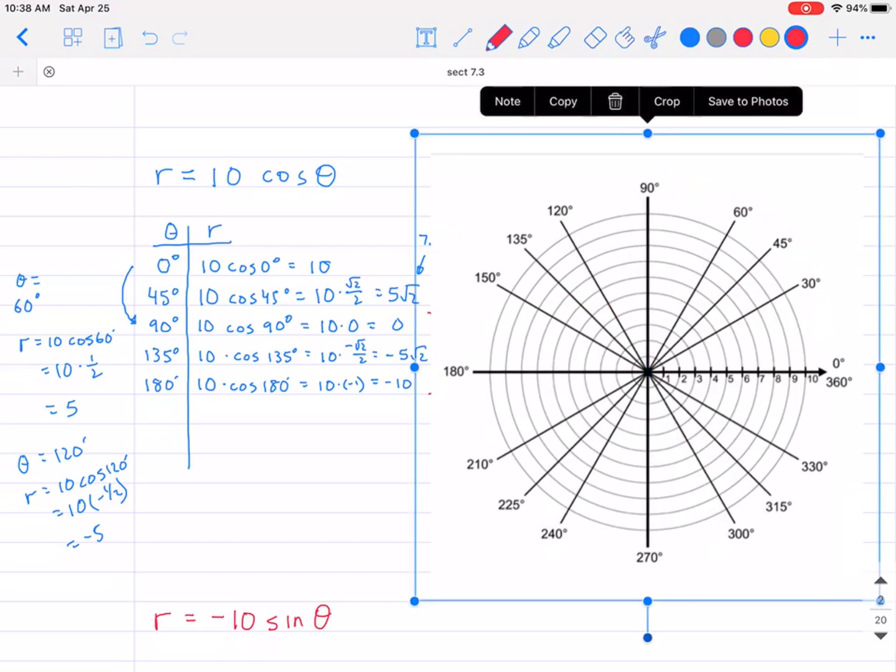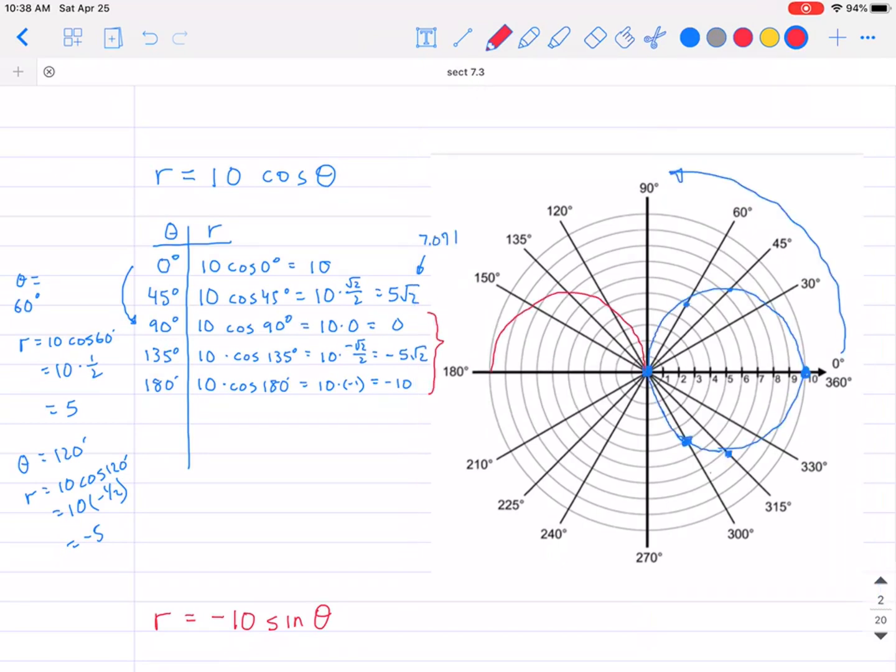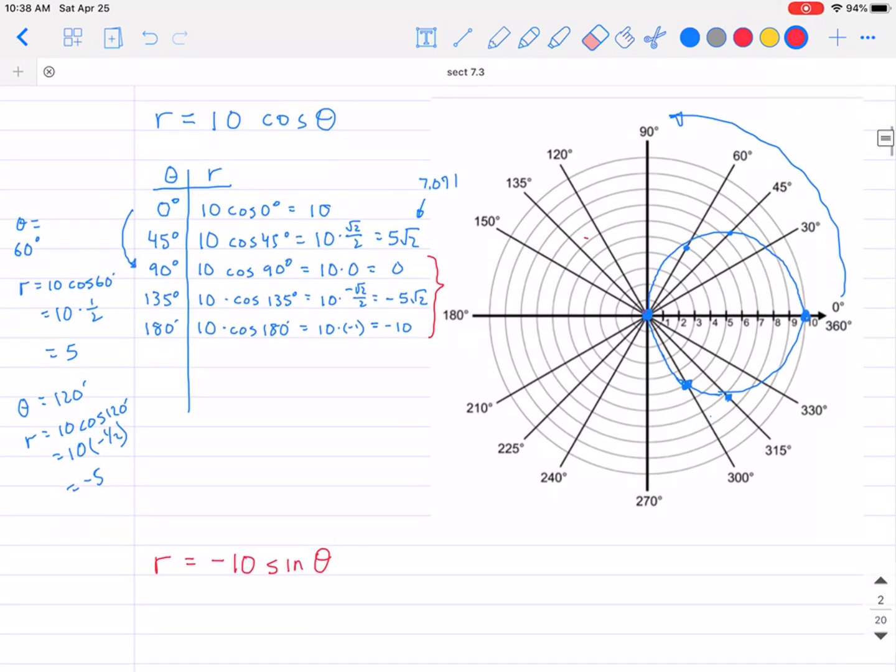And so that red portion of the graph, the negative of it, you can see that that's a reflection through the pole. You're going to take that arc of the red, reflect it about the x-axis, and then reflect it about the y-axis in order to get what I get. So let me go ahead and erase that guy right there. Okay, so that is going to be kept for next time.